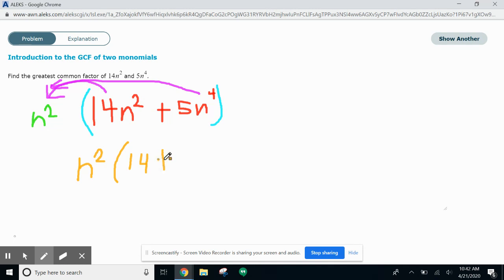I took that out. And in this last term, now that 2 n's are out, only 2 n's are left. So my final answer can be n squared times this group in parentheses, 14 plus 5n squared.